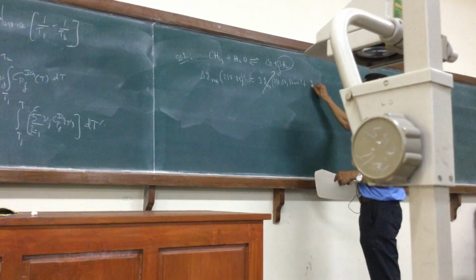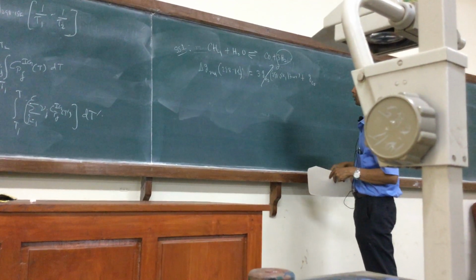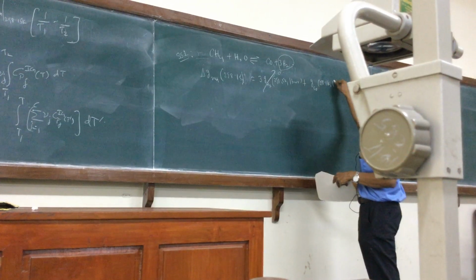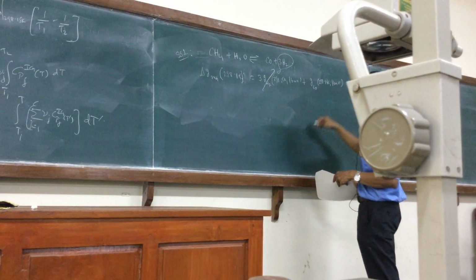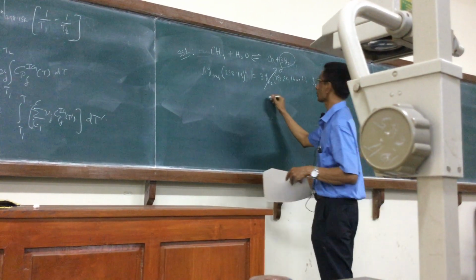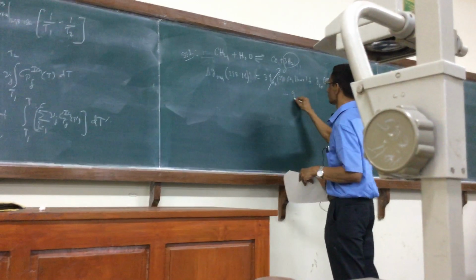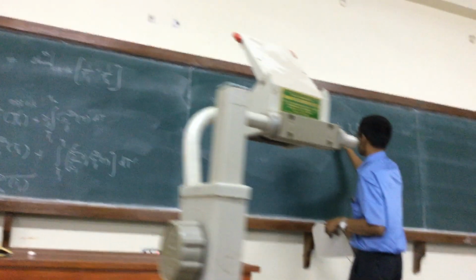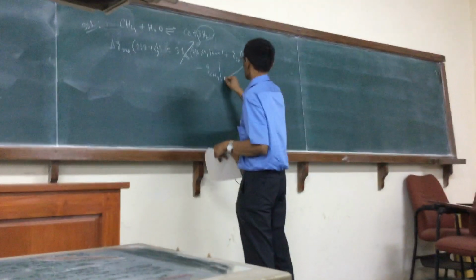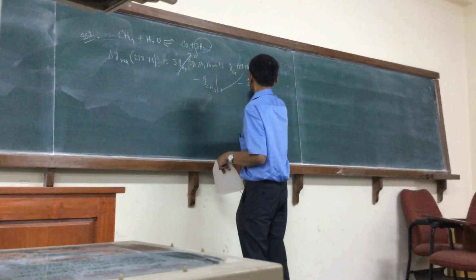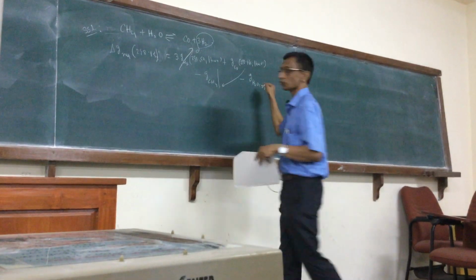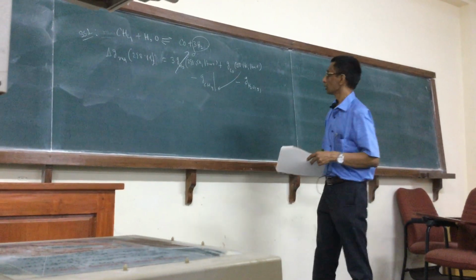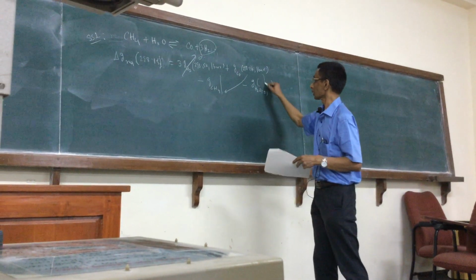plus G of CO at 298.15 Kelvin, minus, everything here is from the table, same condition, minus G of H2O. Here, by H2 I have to choose the gas, what is listed against the G, and again same condition.